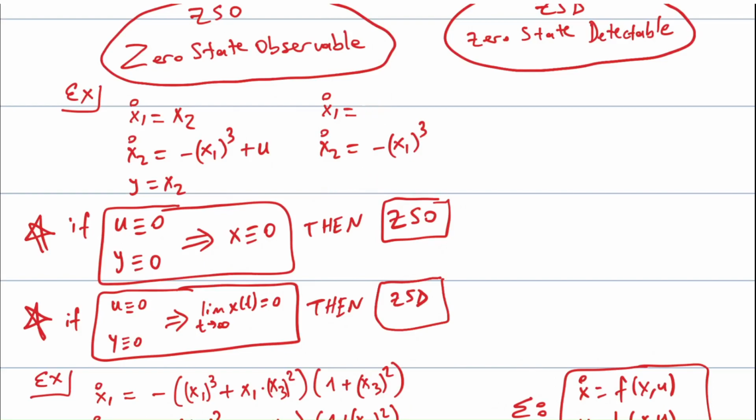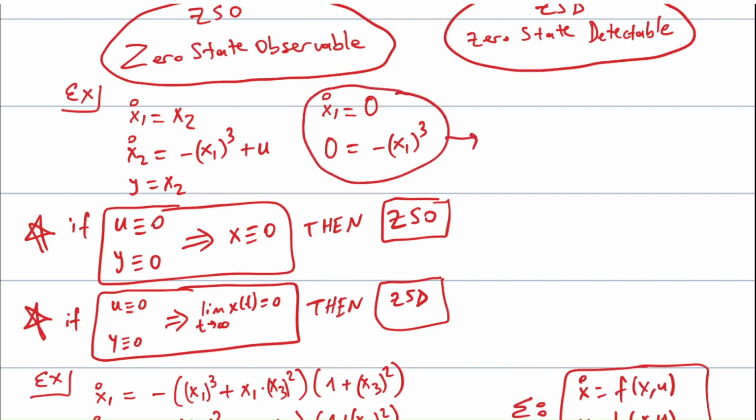Let me write that. Since x2 will be identically 0, x2 dot, the rate of change of x2, will also be 0. Let's put 0 here. What do you get?